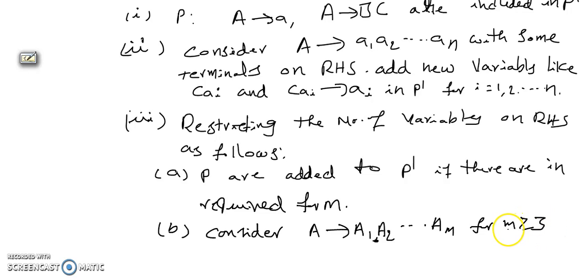So for m greater than or equal to 3, we have to introduce new productions.